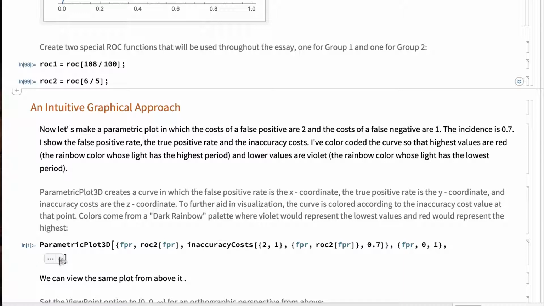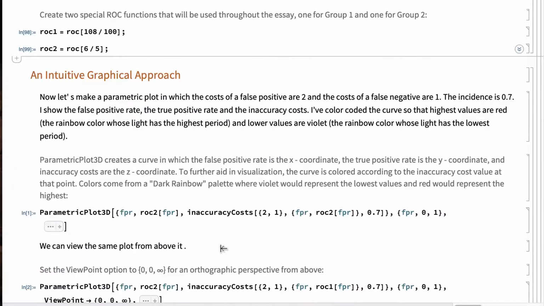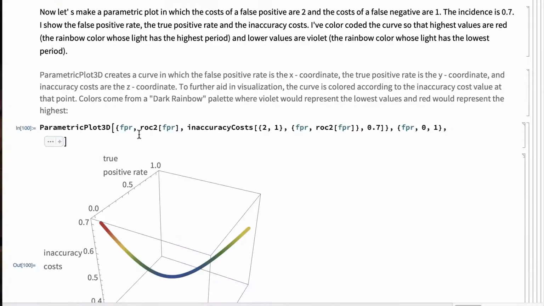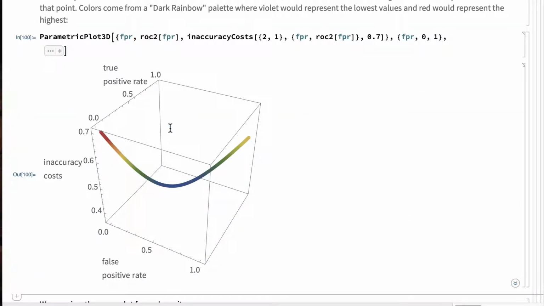This iconized code is basically cosmetics that colors the curve according to the inaccuracy cost values. You can see that the inaccuracy costs seem to be minimized when the false positive rate is, I don't know what that is, 0.5-ish, and it goes up from there.